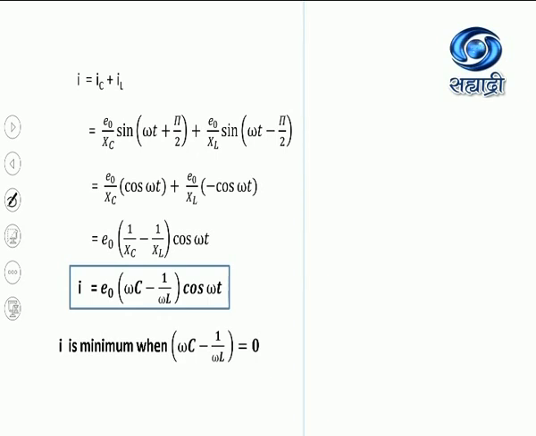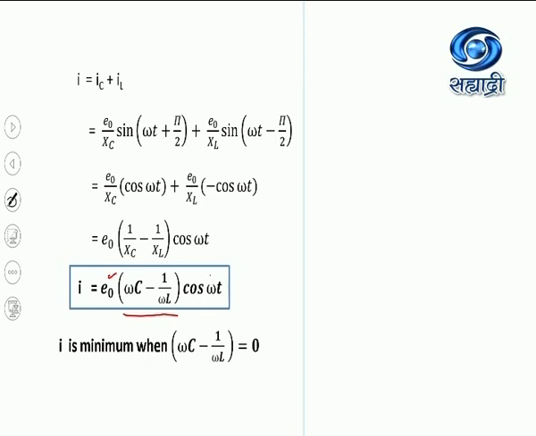Now the current will be minimum, that is, the minimum value of the current is 0 only when the term omega C minus 1 upon omega L is 0, because the peak value of EMF cannot be 0.